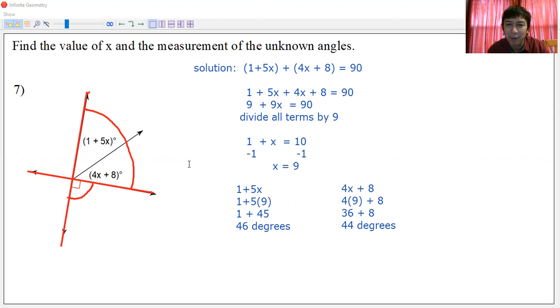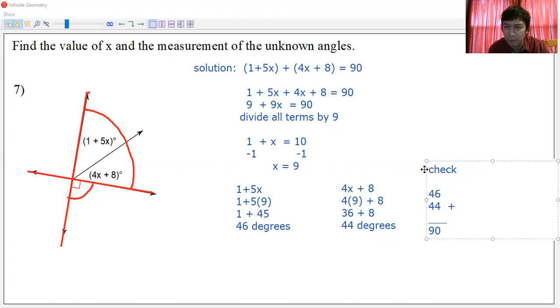And we can have a check. We have 46, then you're going to add 44. How much is that? That should be 90. That should amount to 90 when added.